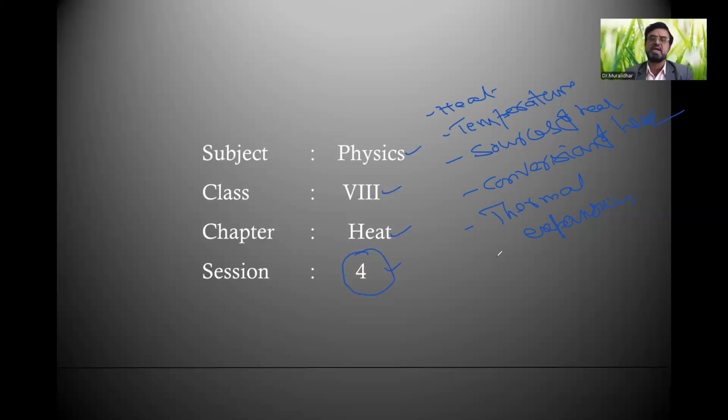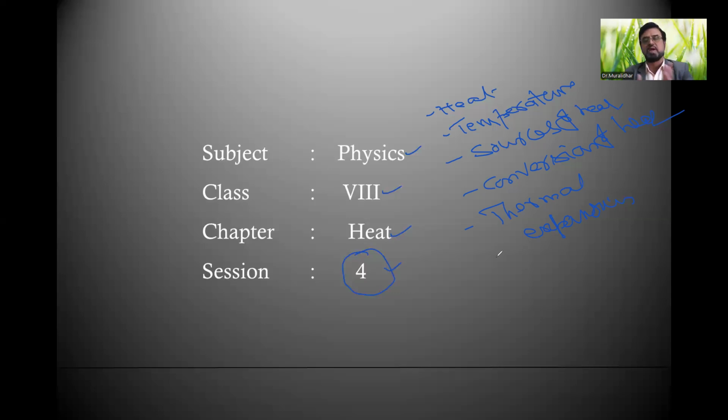Now sources: where is heat coming from? The major source of heat is our sun. Apart from the sun, there are fuels like petrol, diesel, kerosene, and also wood and charcoal. When they are burned, you get heat.